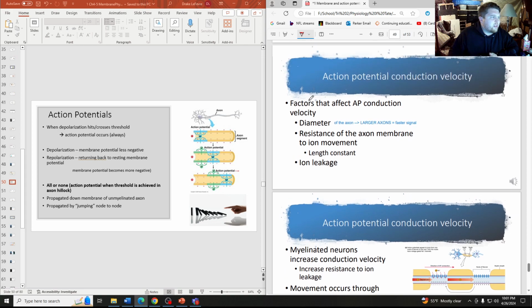And then these are some of the things that can affect the action potential: conduction velocity, velocity being how fast this signal travels. These are going to be a couple of test questions, especially this one: diameter of the axon. With a larger axon, we have a faster signal that goes through.